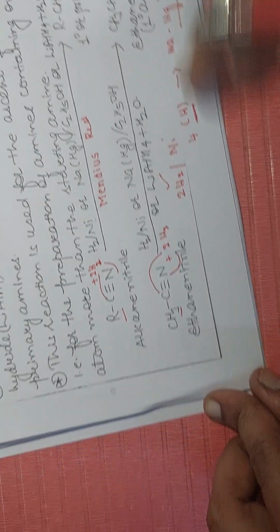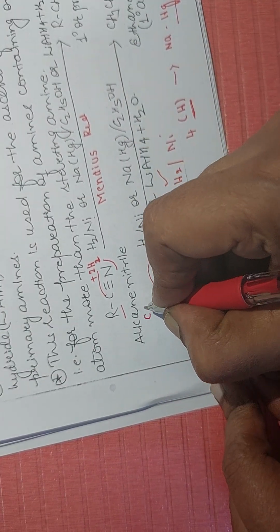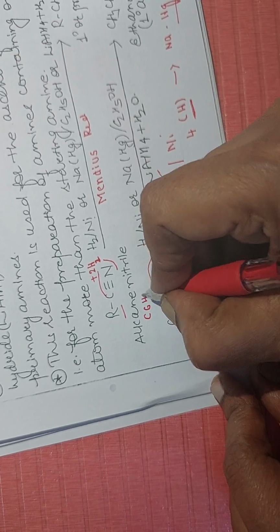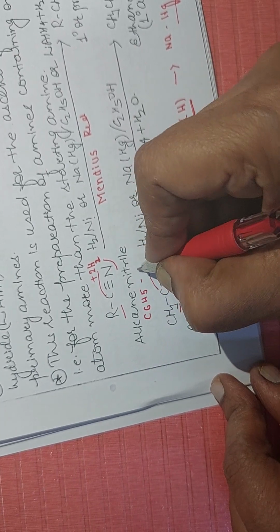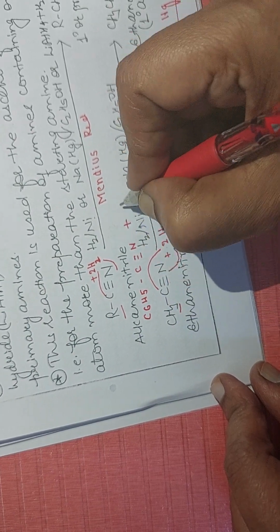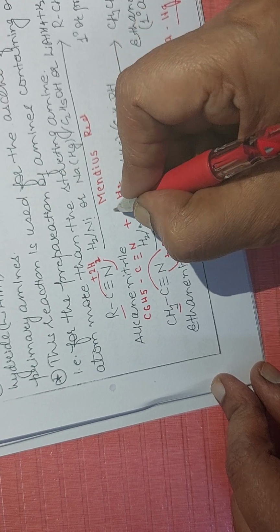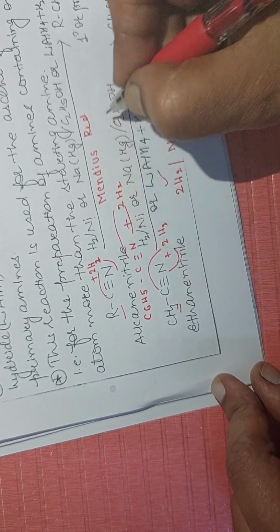The equation will be C6H5 C triple bond N with two hydrogens, one to carbon, one to nitrogen.